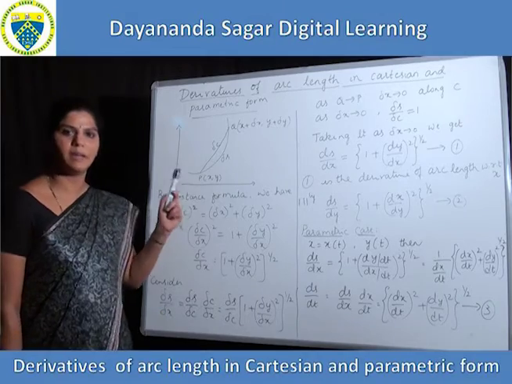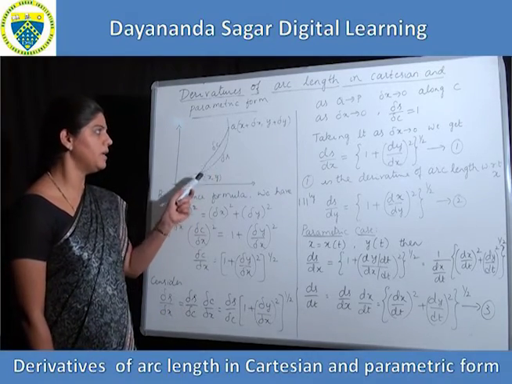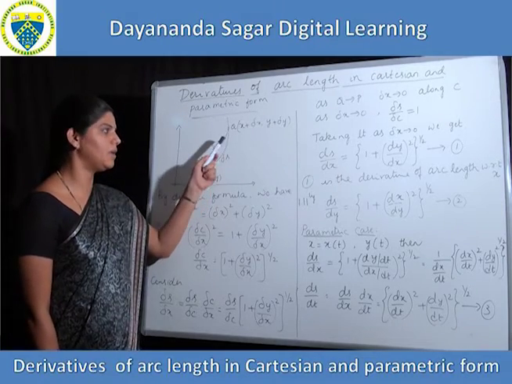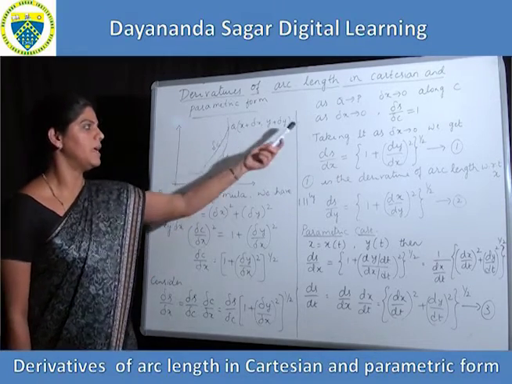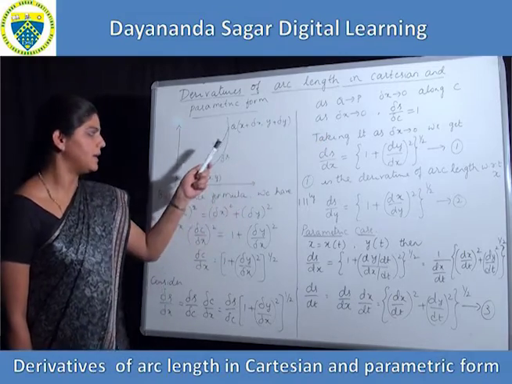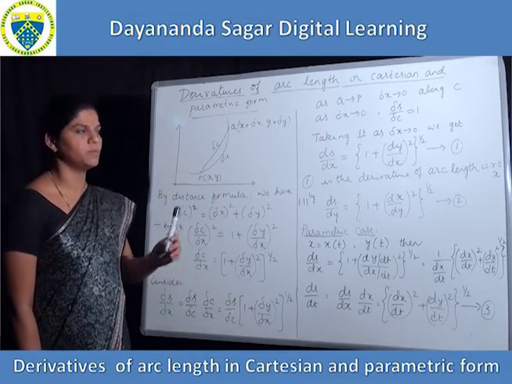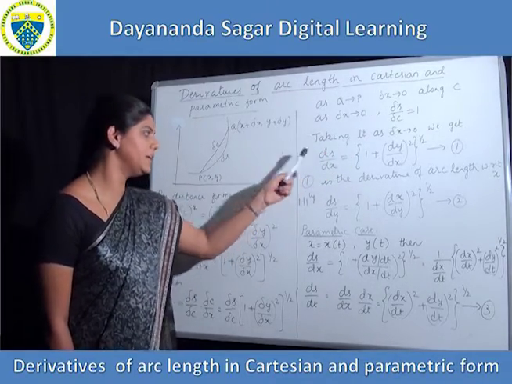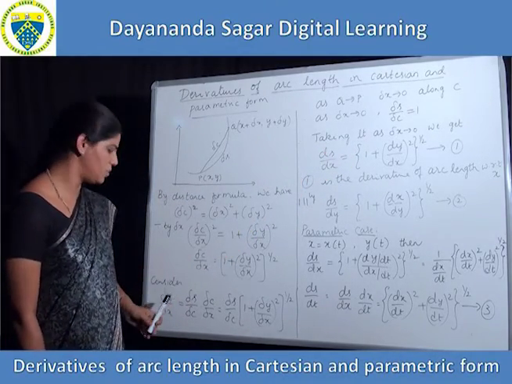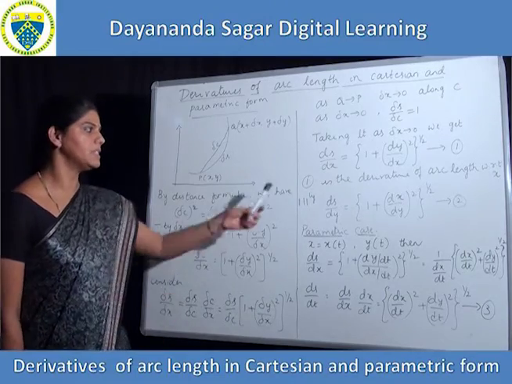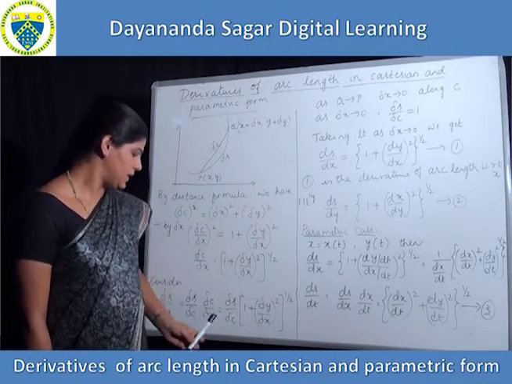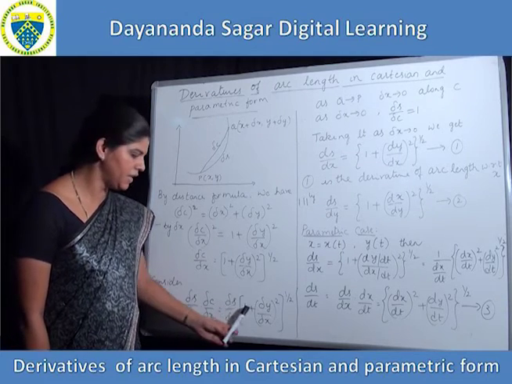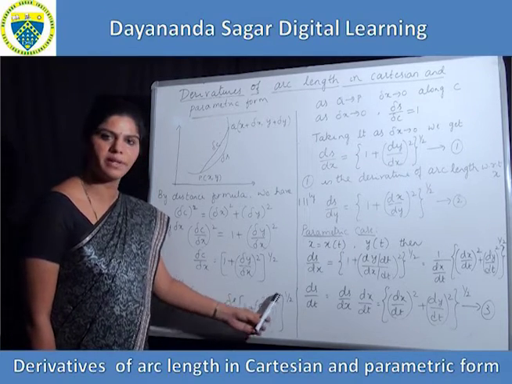Now let us consider the limiting case. As Q tends to P, delta x tends to 0 along the curve C. So as delta x tends to 0, delta S by delta C becomes 1. Taking the limit as delta x tends to 0, we get ds by dx equal to the limit of delta S by delta C into (1 plus (delta y by delta x) whole square) to the power half.